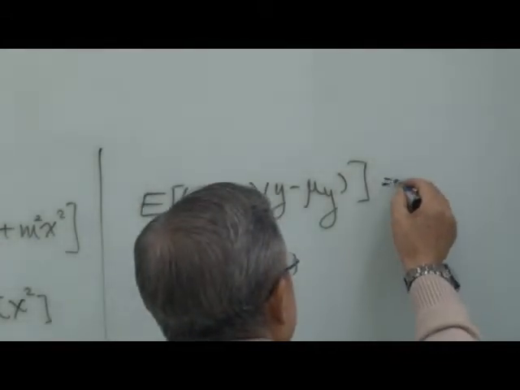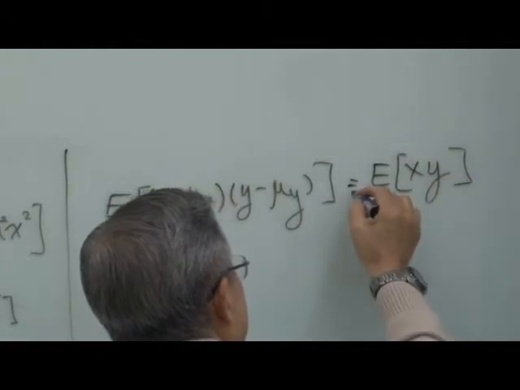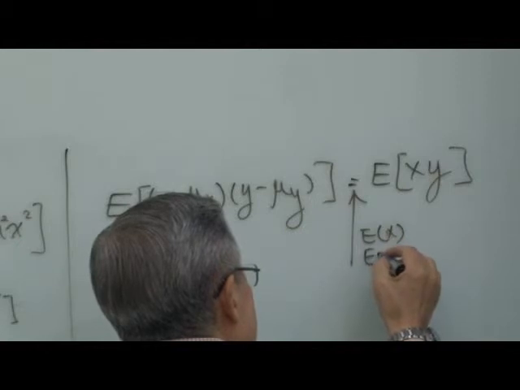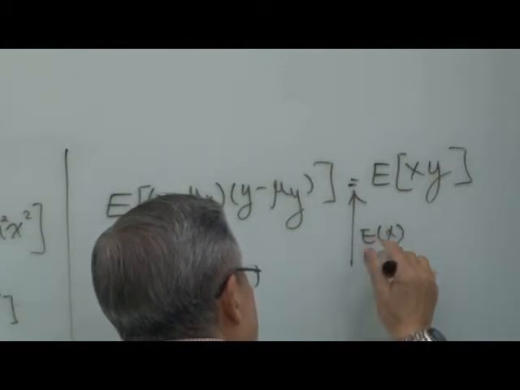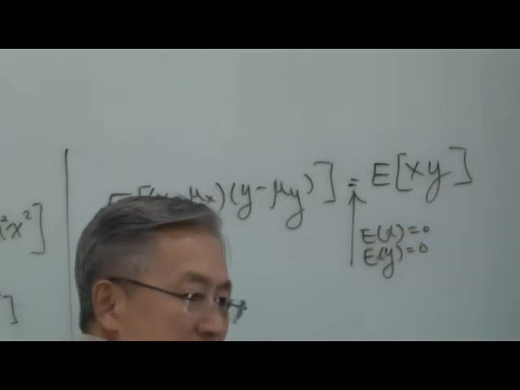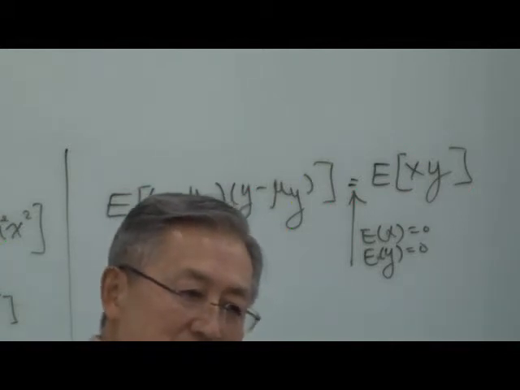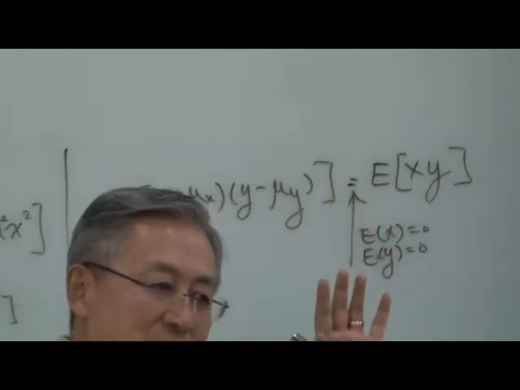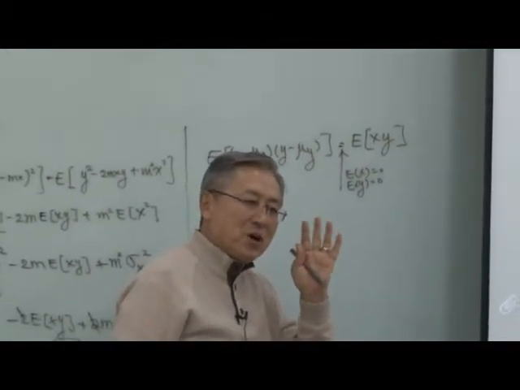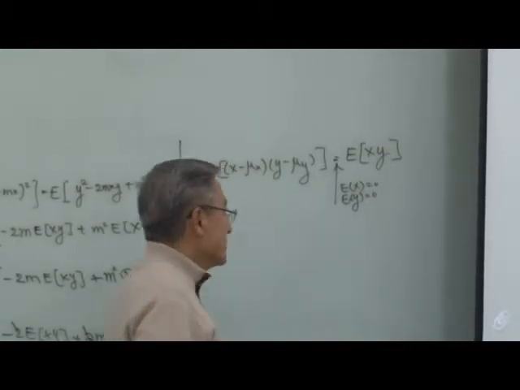That's why this is equal to E[xy], right? Because E[x] and E[y] are all equal to 0. You remember the covariance? It flew away, right? That's what happened. It's new terminology. It just goes away if you don't think about it.